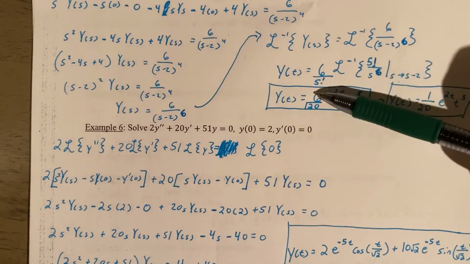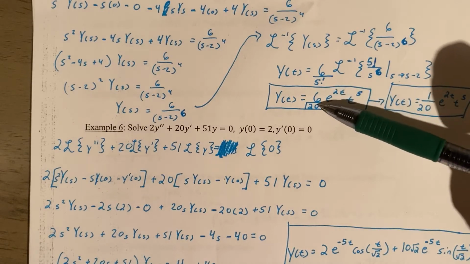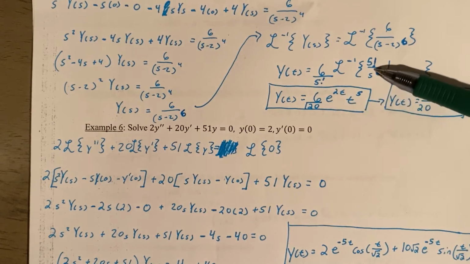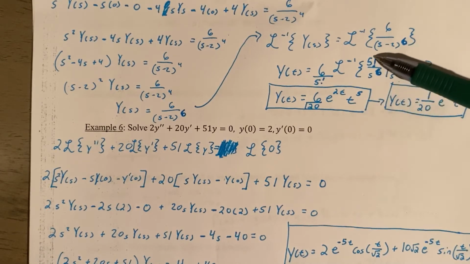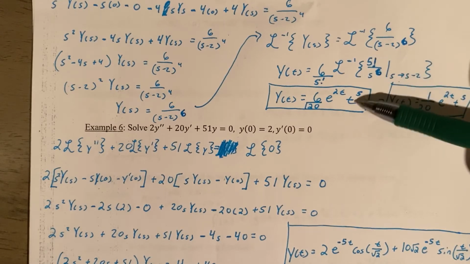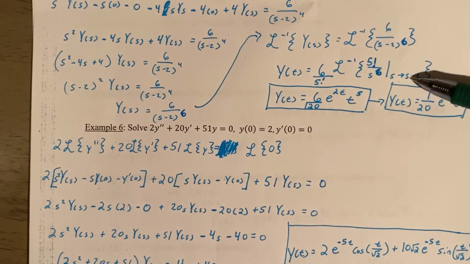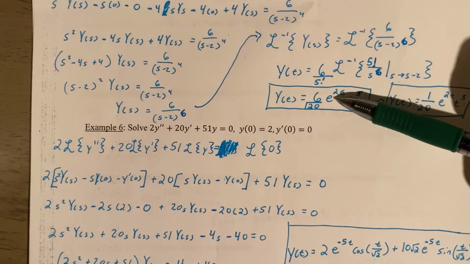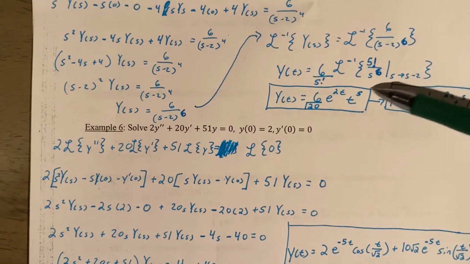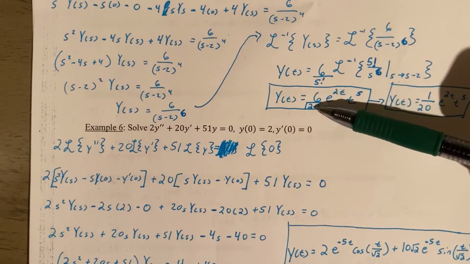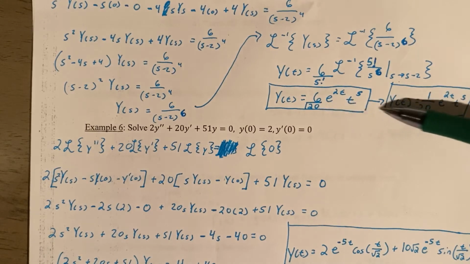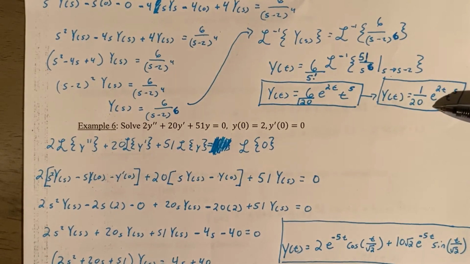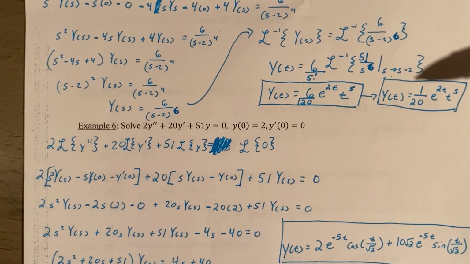So we need to make sure that we take that out. So when we notice I have 5 factorial over s to the 6th, that tells me that I had original t to the 5th for this part, and then s being s minus 2 gives us e to the 2t, because that's our a value. And then 6 over 120, which is just going to reduce to 1 over 20, and then e to the 2t times t to the 5th, and we're finished.